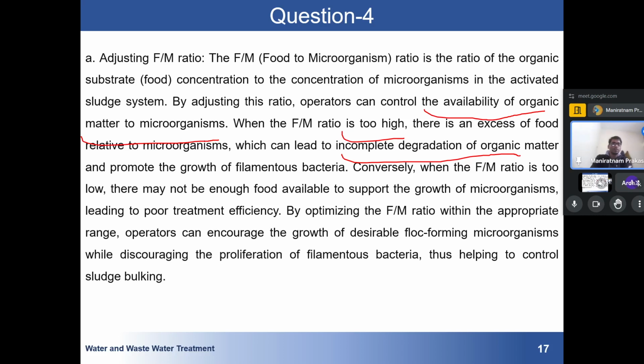So the presence of high organic matter will lead to incomplete degradation and promote the growth of filamentous bacteria.